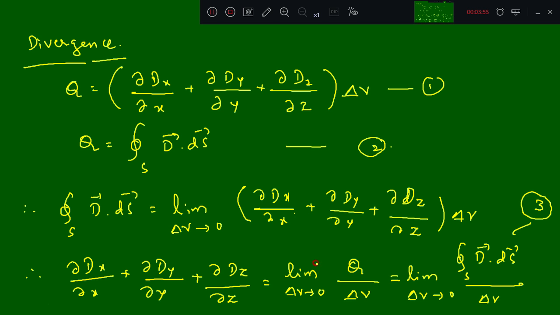Okay, so from equation number 3, we can also define the divergence.